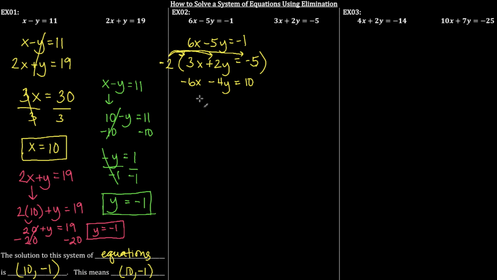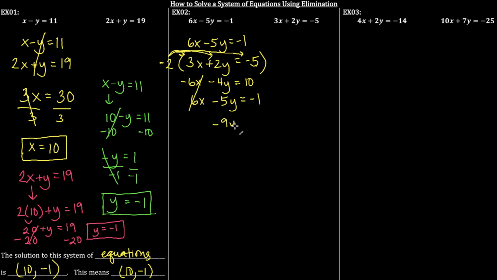Now I'm going to bring this equation back down. So 6x minus 5y equals negative 1. Now, as you can see, I can eliminate something, because that's why it's called elimination. So negative 6x plus 6x gives me no x's. Negative 4y minus 5y gives me negative 9y.